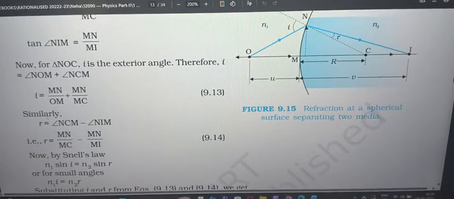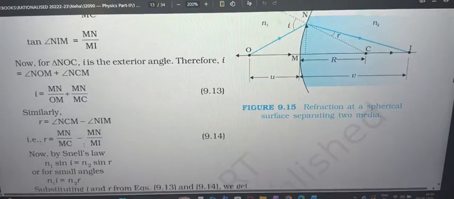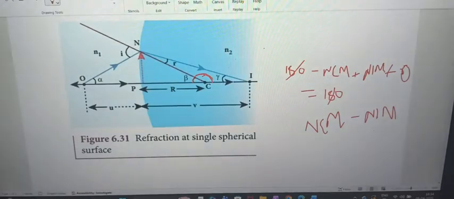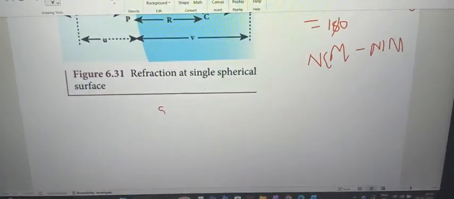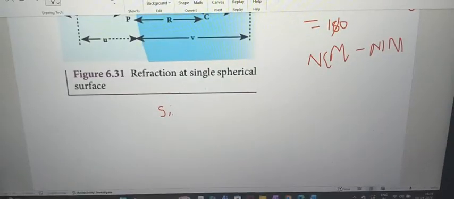Now what we are doing is substituting the tan values we have got into our equations. So we are taking Snell's law. If we take Snell's law, what is it? Sin I by sin R is equal to n2 to n1, where n2 to n1 is nothing but n2 divided by n1.